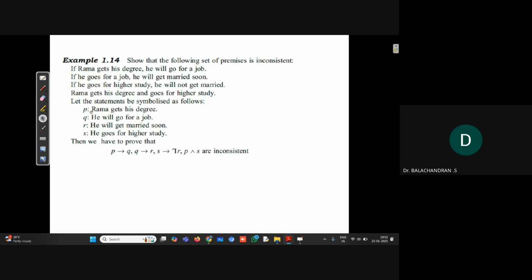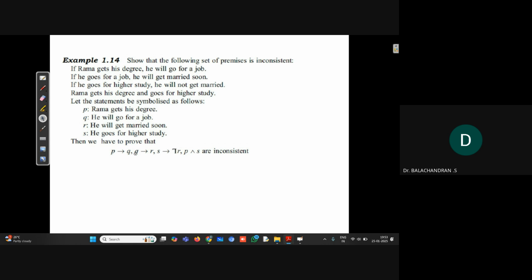So P: Rama gets his degree, and Q is he will go for a job. And then R: he will get married soon. S: he will go for higher studies. So the first line is P implies Q. If he goes for a job, Q implies R, he will get married soon.